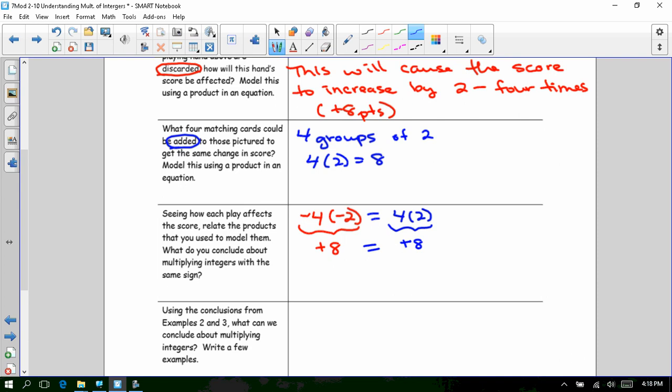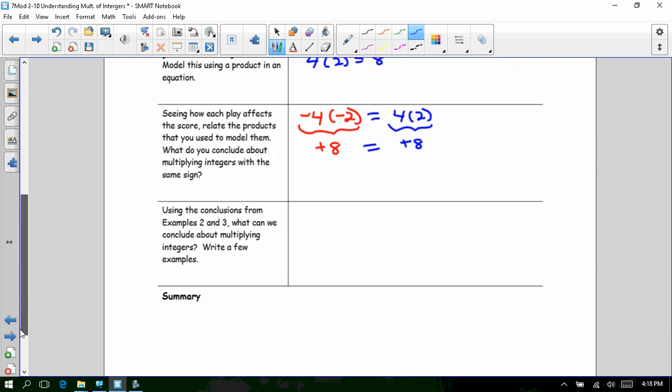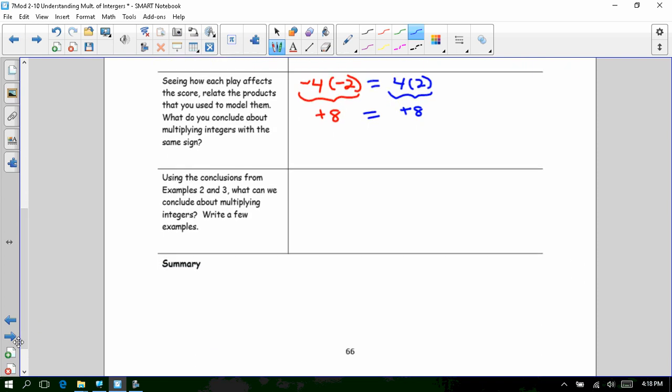Interesting. All right, last thing. Using the conclusions from examples 2 and 3, what can we conclude about multiplying integers?